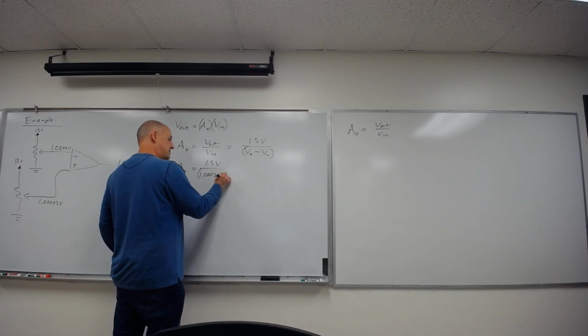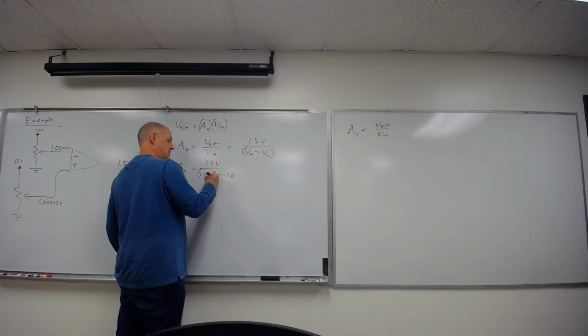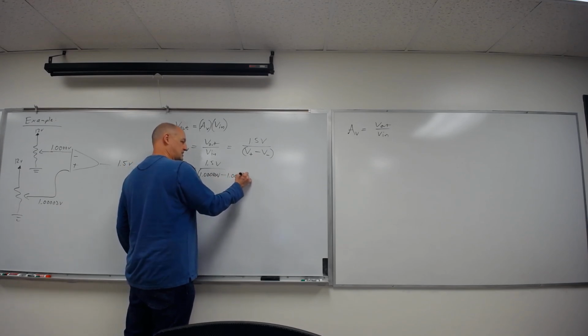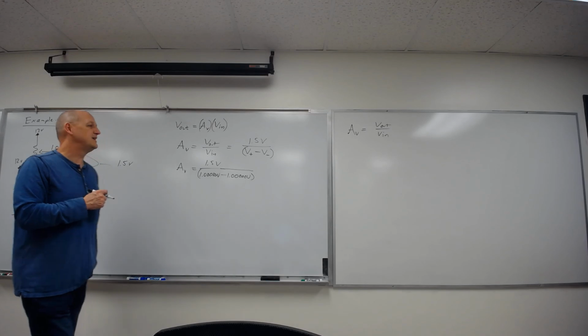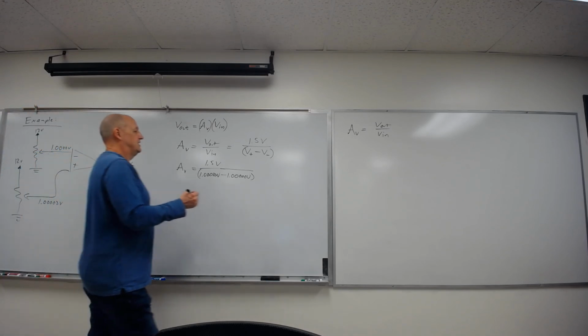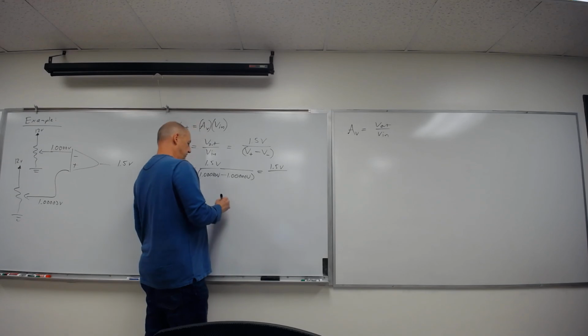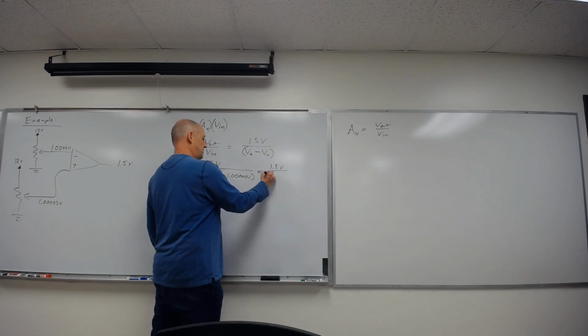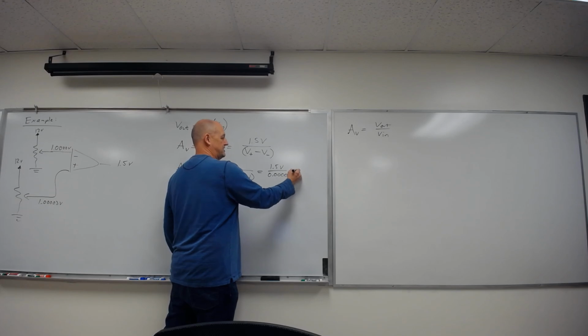1.00003 volts minus 1. There's 4 zeros, right? Yeah. 1.0000 volts. I'll end up with 1.5 volts over 0.00003 volts. That's the difference in those two.